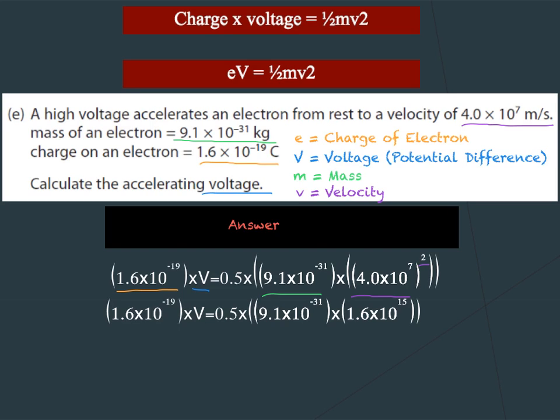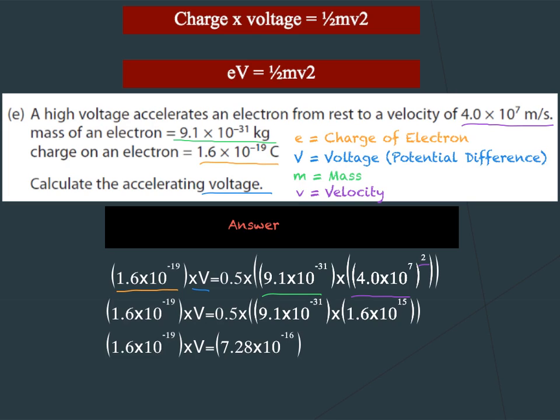We can now solve the equation on the right hand side by doing 9.1 times 10 to the minus 31 times 1.6 times 10 to the 15, and then timesing that by 0.5. This will give us 7.28 times 10 to the minus 16.